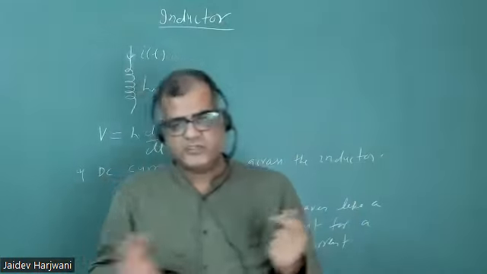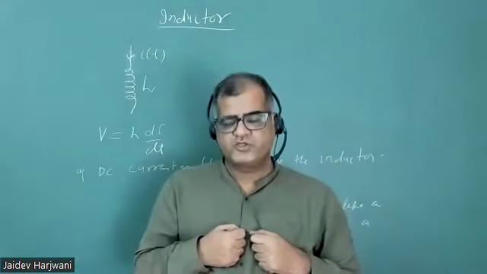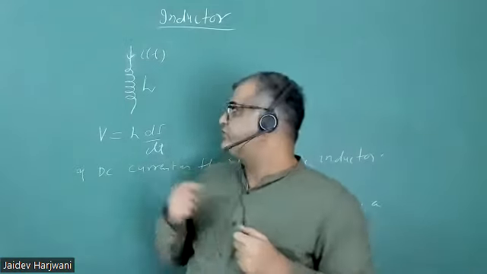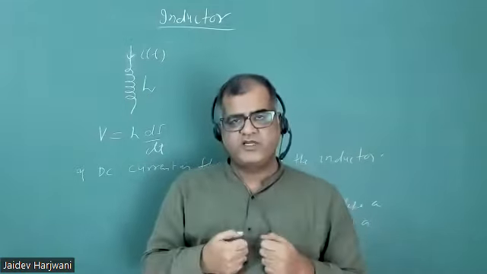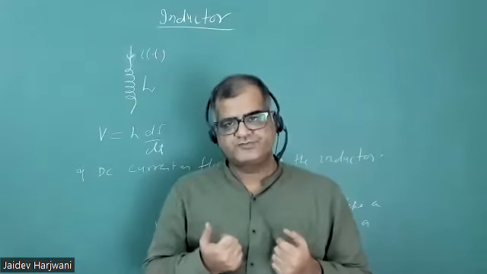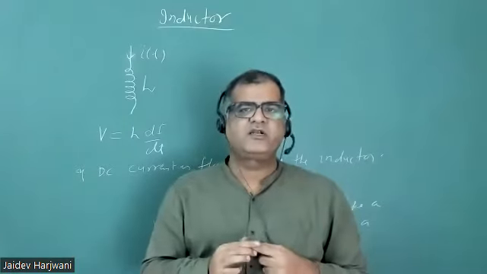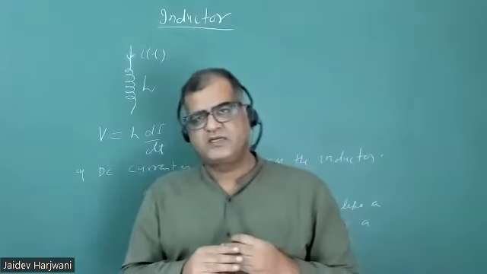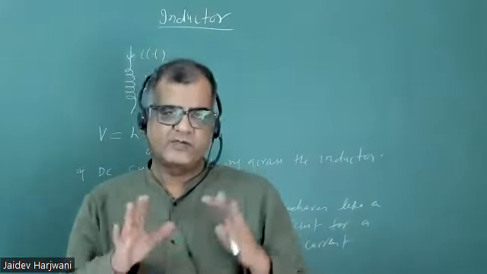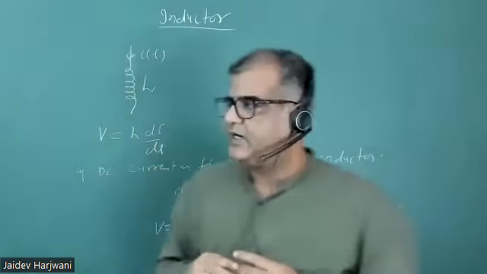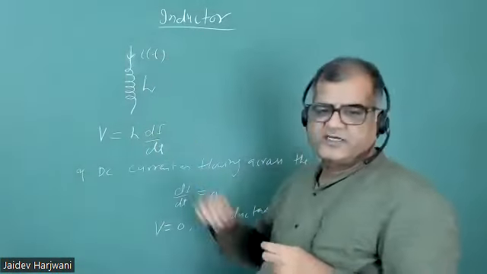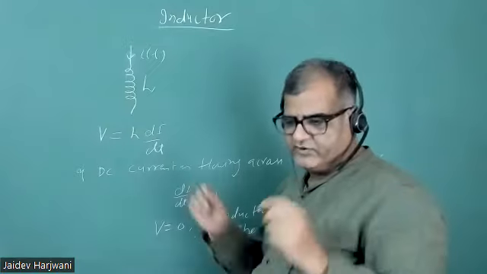So at t equal to 0, the capacitor is a short circuit, and once it becomes steady state, it becomes an open circuit. Similarly here at t equal to 0, your inductor is an open circuit.